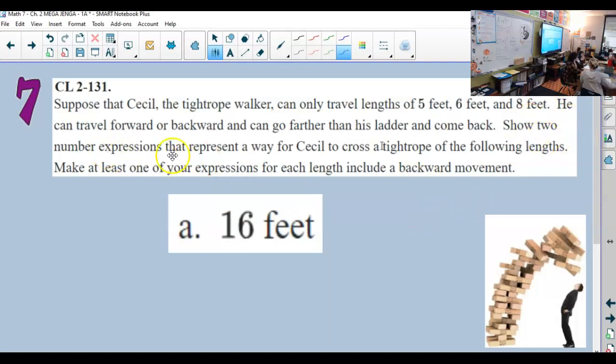Show 2 expressions that can get Cecil to 16 feet. 2 different expressions that get us to 16. Because they just chose for him to do the number line character.